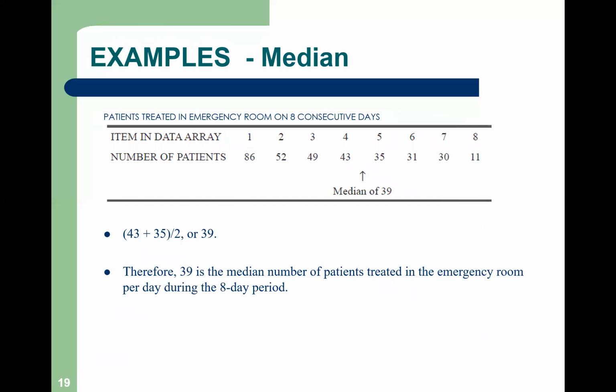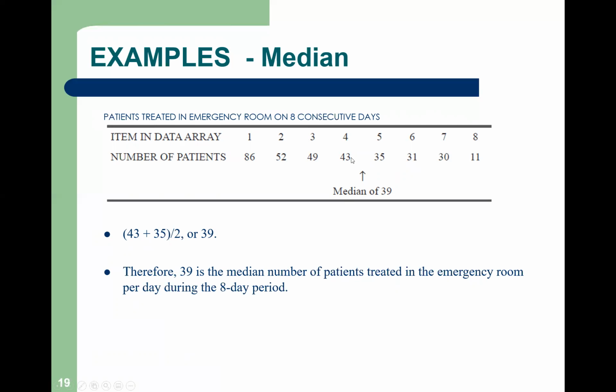This is another example of median value. These are patients treated in the emergency room on 8 consecutive days. Here is the data. We arrange this data into ascending order or descending order, and the median value is, there are 8 days, 8 values. 8 plus 1 is n plus 1. 8 plus 1 is 9 divided by 2.